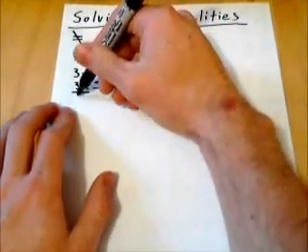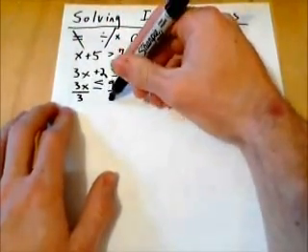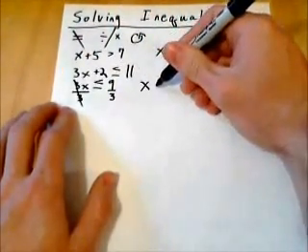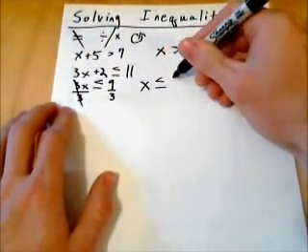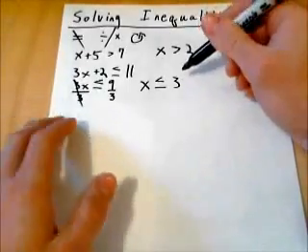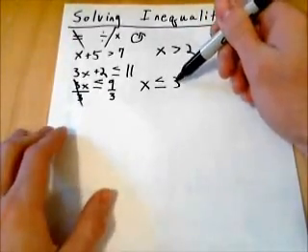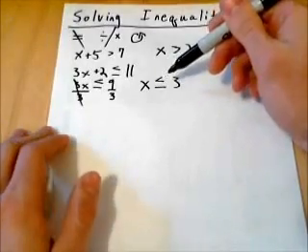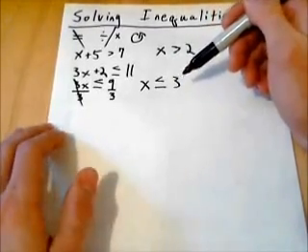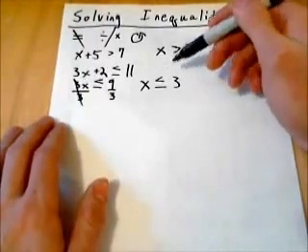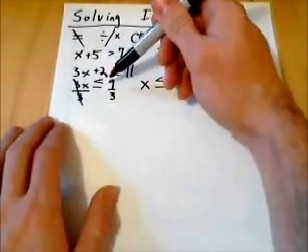So we're going to divide by 3 on both sides. That'll cancel and give us x is equal to or less than 3. So again, here we could plug in 3 or 2 or 1, and so on. Any number equal to or less than 3 in for x would be a true statement.